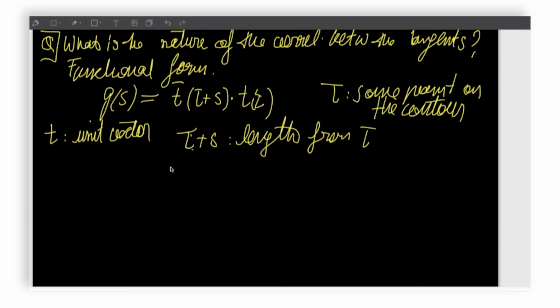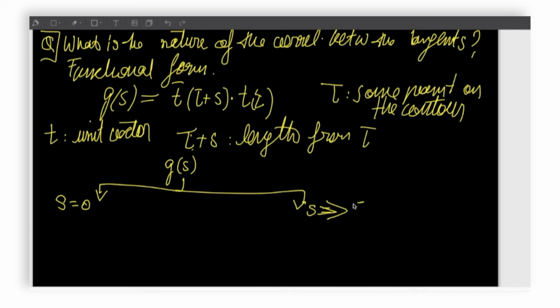In such a case, if we want to infer what this g of s becomes, then we have possibly two cases that we want to consider. One case is that s is equal to 0, and the other that s is much greater than the region over which the polymer is straight. In other words, it is very winding. So if we are considering a very windy polymer, then if this was tau and s was very long, we would probably be referring to something like this.